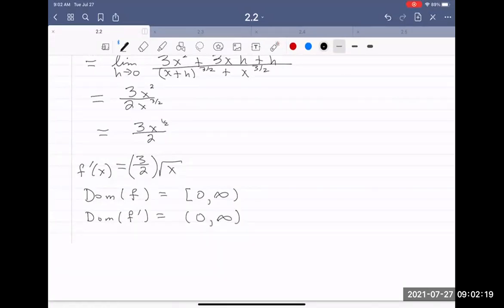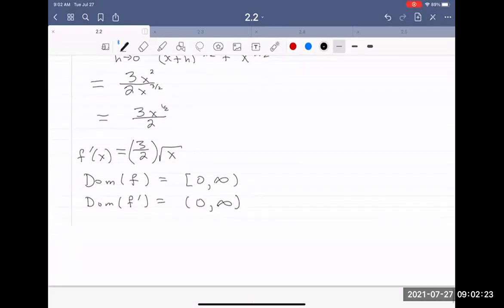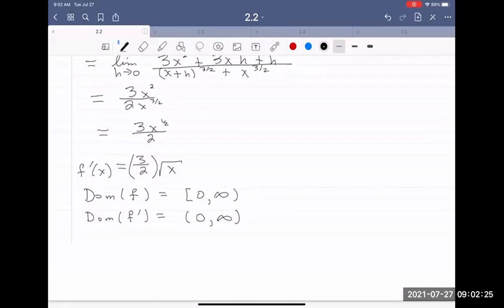for a two-sided derivative. But if I allow this, and I usually do, in this case you have to use the right derivative of f at x equals 0.